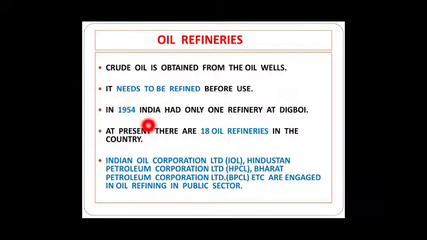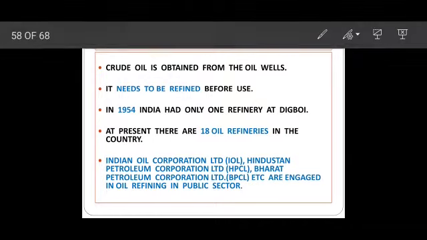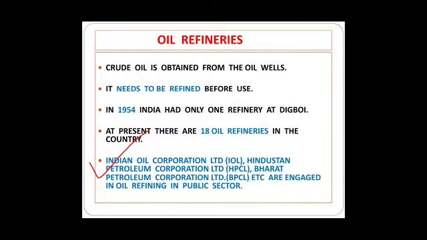In 1954 in India, there was only one oil refinery, at Digboi in Assam. At present, we have 18 oil refineries. So it's a big achievement. The organizations responsible for production, processing and also marketing of oil in India are Indian Oil Corporation, Hindustan Petroleum Corporation and Bharat Petroleum Corporation.